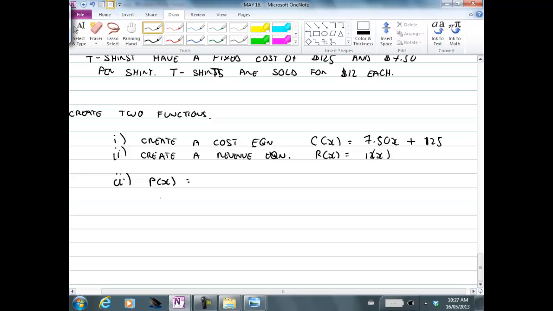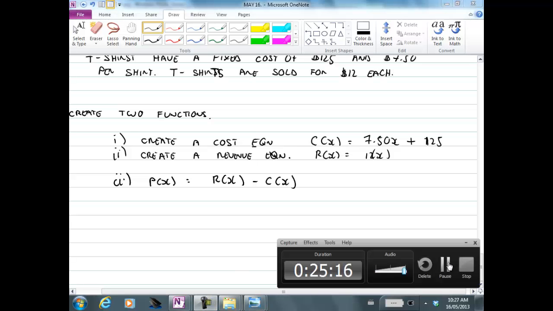Think about your profit. Who's taken marketing before or business? How do you calculate your profit? You take your revenue, and you're going to do something with your cost: minus your cost. Hey, doesn't this look like a function we did? I want you to find the formula.